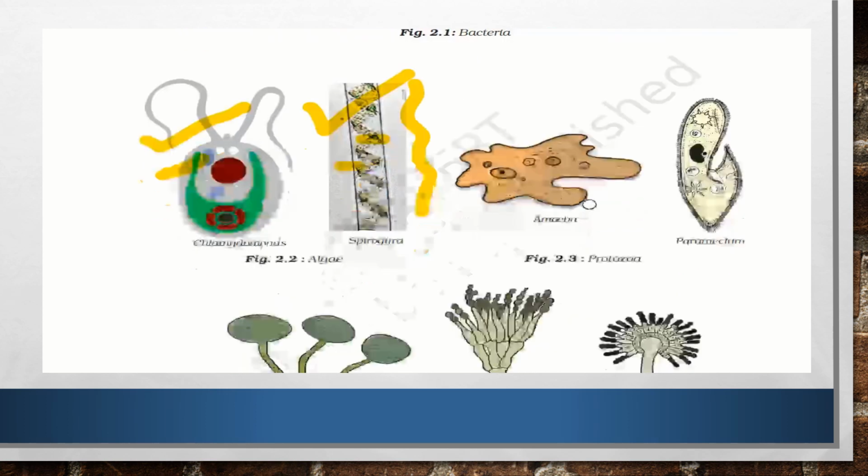Now we will move on to protozoa. The word protozoa means little animals, and they are unicellular. You can see that these two are unicellular, and they can move around to capture food. Most of them are heterotrophic in nature, that is, they depend on others for their food.